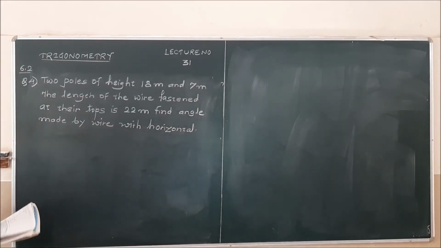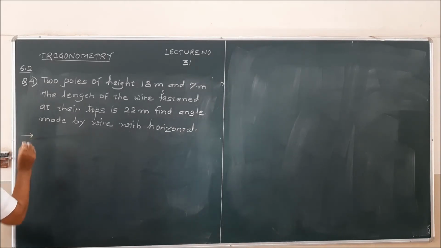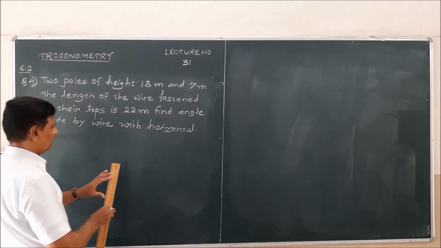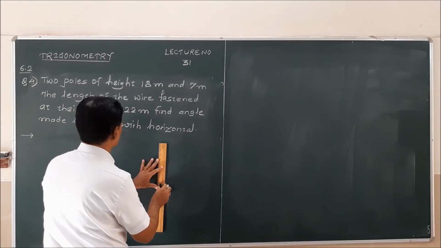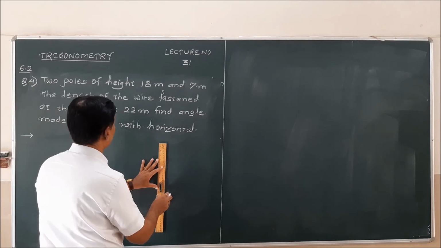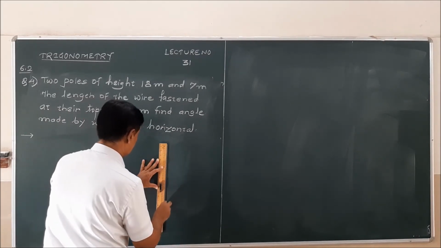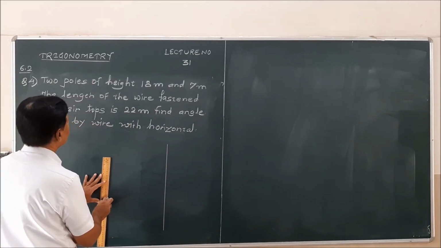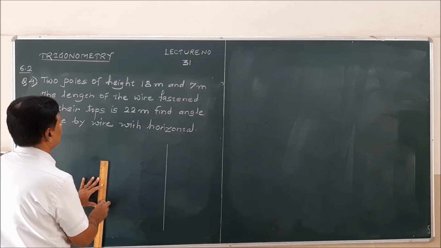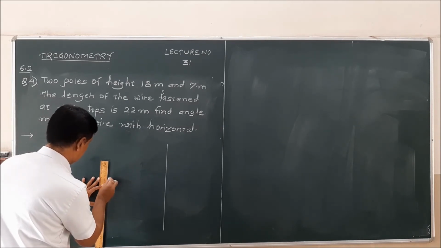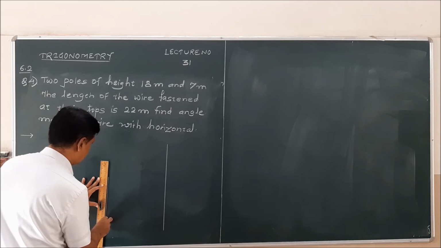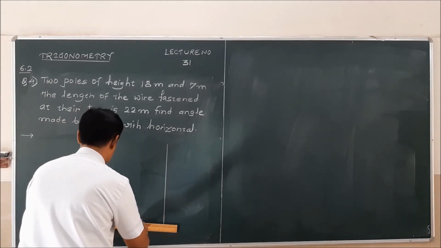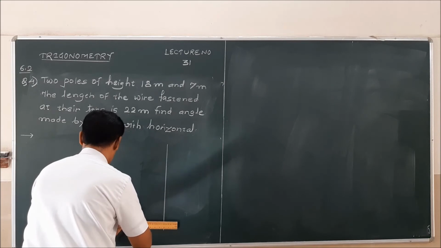So in this case you will find there are two poles having different heights. So here I am going to draw two poles. One is of height 18 meter. Other one is of height 7 meter.